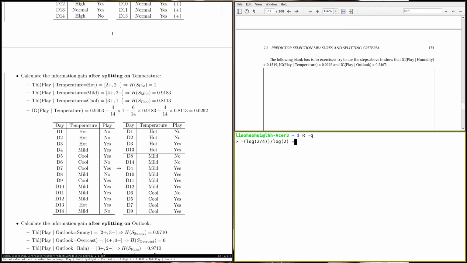This is equivalent to, just take a look at this thing. This thing is the same as, in log, when we switch order, what do we get? We get a negative sign in front.